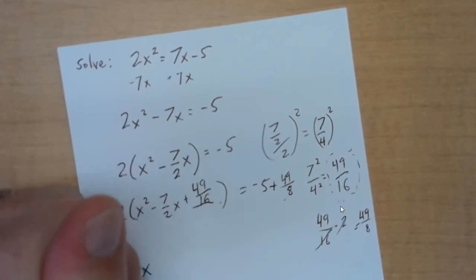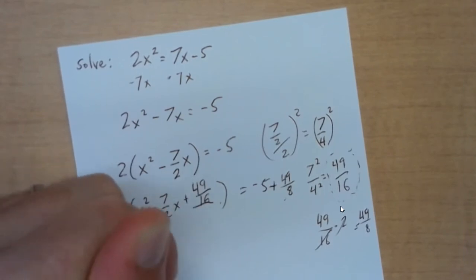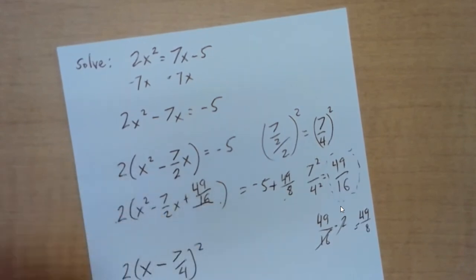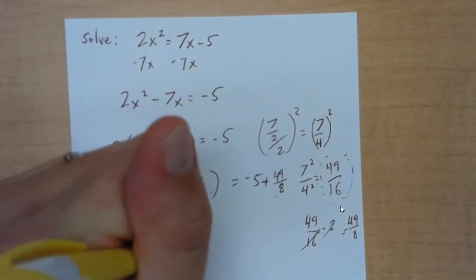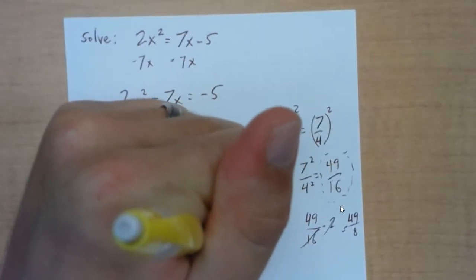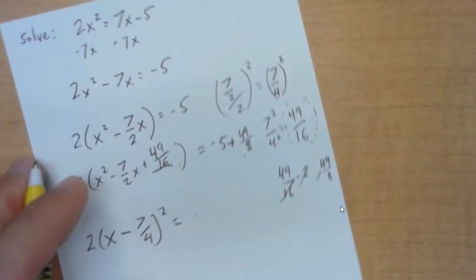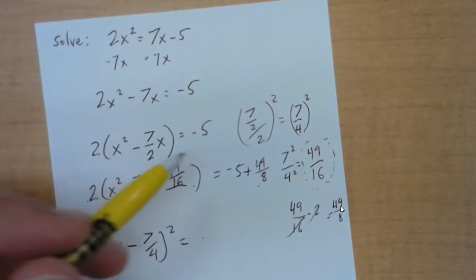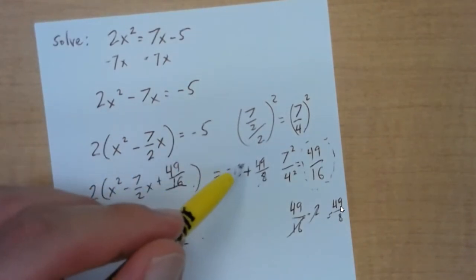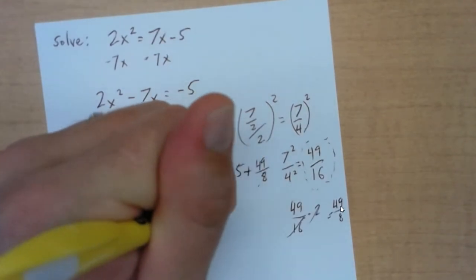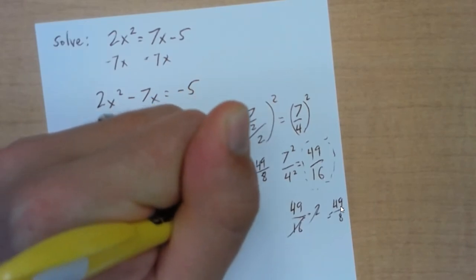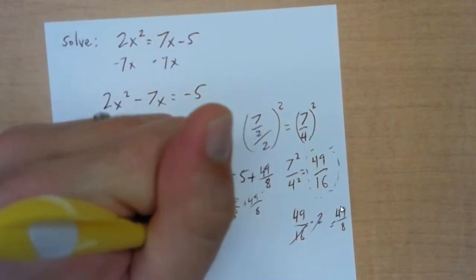I'm going to write my perfect square. So again, it's half of the b term. Half of 7 halves is 7 fourths. Now I'm going to add these fractions up. So I'm going to rewrite negative 5 as negative 40 over 8. Negative 40 over 8 plus 49 eighths is going to be 9 eighths.